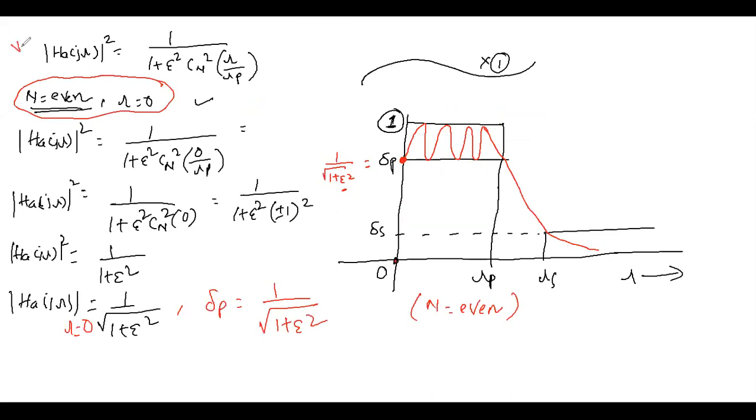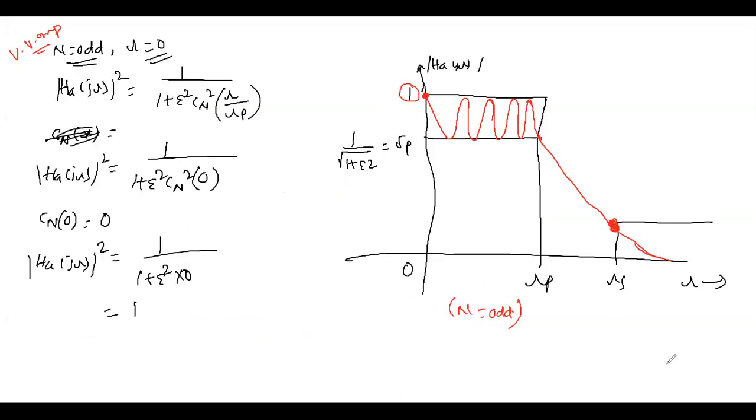These two points are very, very important. Why is it important? When you find the transfer function, obviously when n is even, then the transfer function will multiply with 1 by root over 1 plus epsilon square. Yes or not? Because the ripple is starting from here. Similarly, if n is odd, then no problem. The transfer function will multiply with the 1. Okay. So it is very, very important.